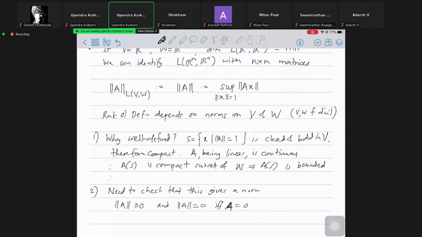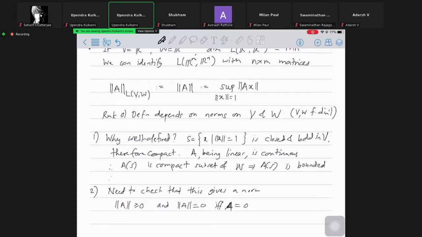Is that clear? The norm is a supremum of norms, and those vectors themselves are going to be non-negative. So if I take the supremum of non-negative numbers, it's going to be non-negative. And when will a supremum of non-negative numbers be 0? Precisely when all numbers are 0.